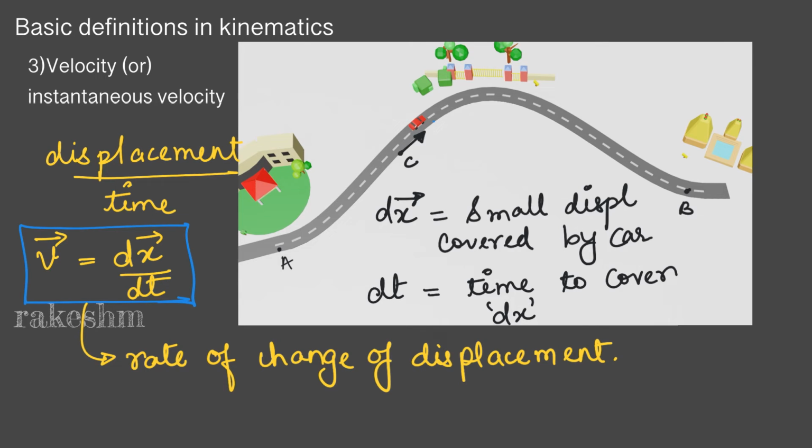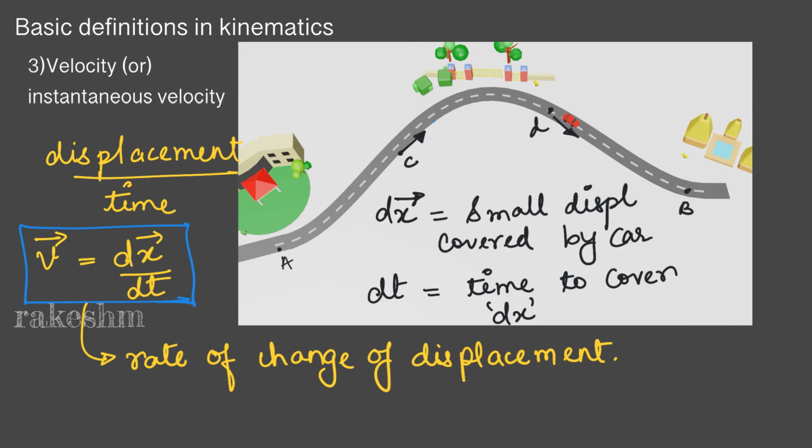When it is moving a short distance from C, the displacement vector is in this direction. So we can say the direction of velocity when it is at C is this direction. Let us take another point D and let us see the car when it is moving from C to D. So when it is moving from D to a point very near to D in this direction, from here to here is the displacement, or the direction of velocity is the same as this vector.